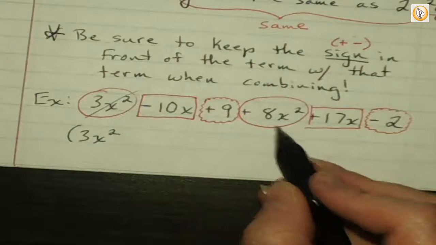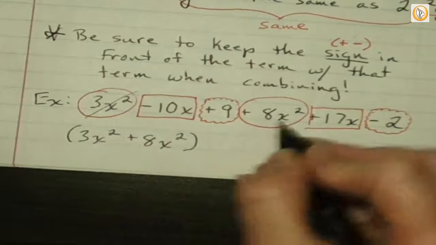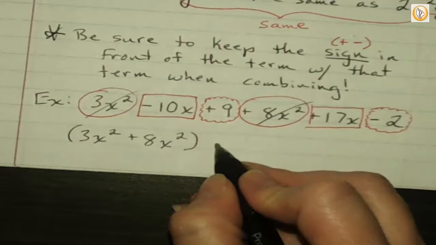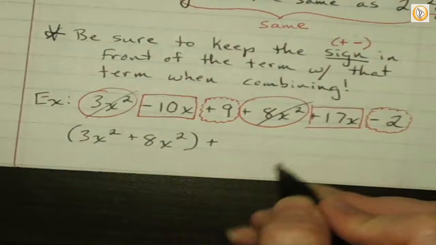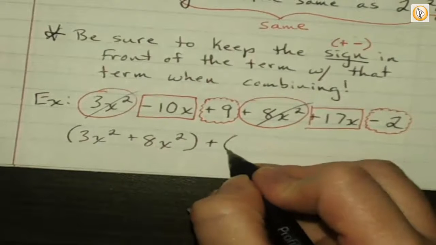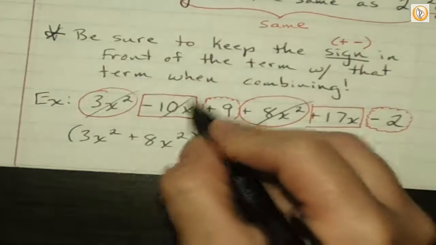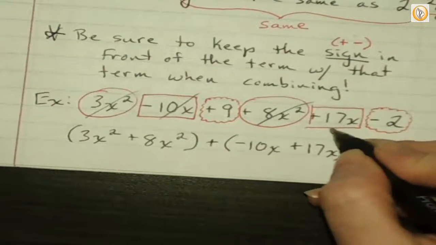Now I'll go to my other circle, plus 8x squared, and I'm crossing it out. What goes in between parentheses? Does anyone know? Plus. See, y'all have done this before. Plus sign. Next thing is negative 10x. Cross out. Plus 17x. Cross out.